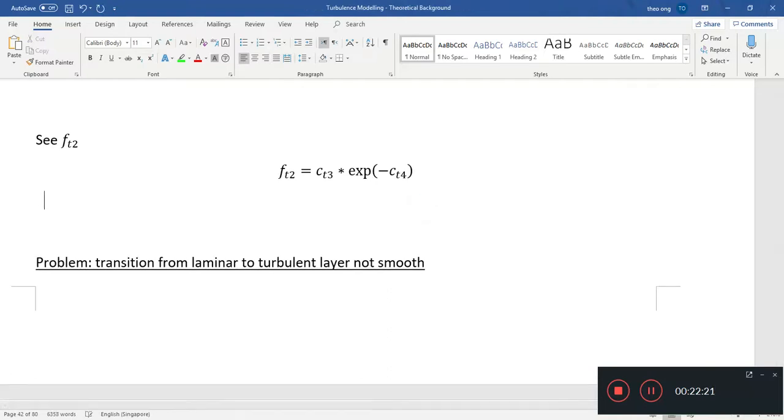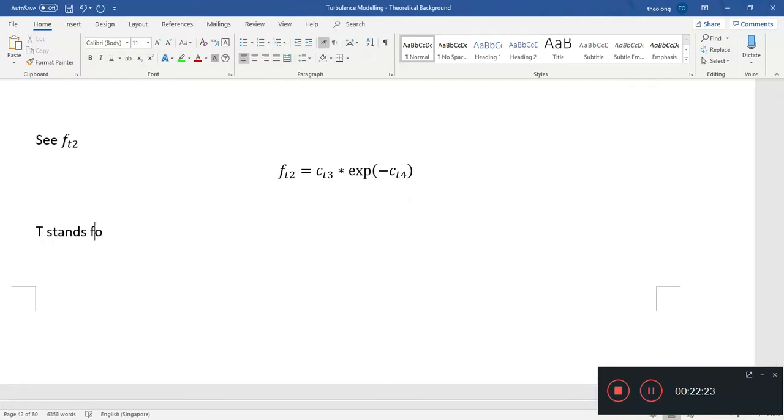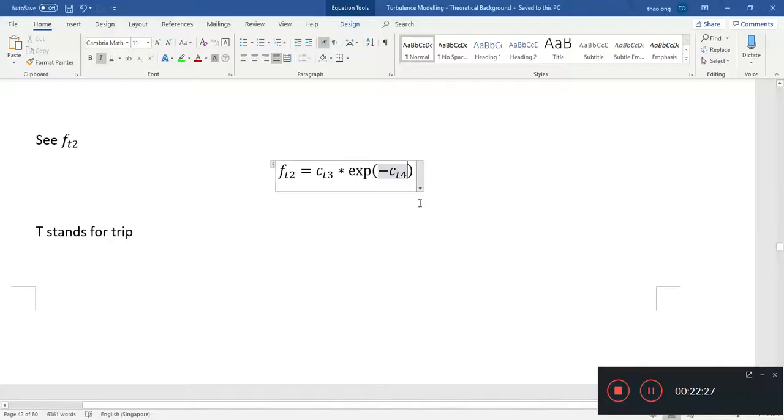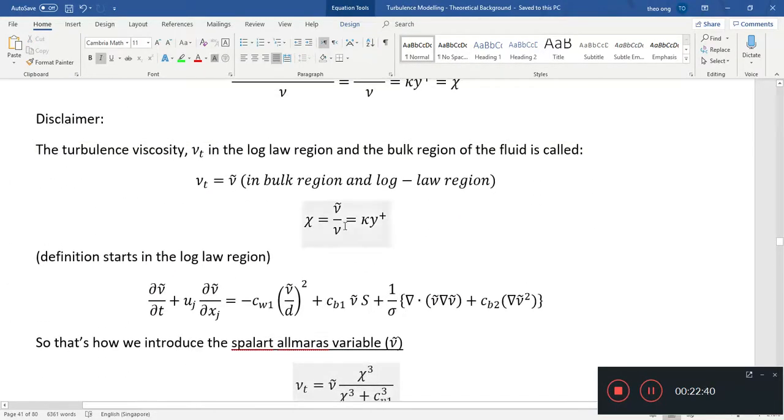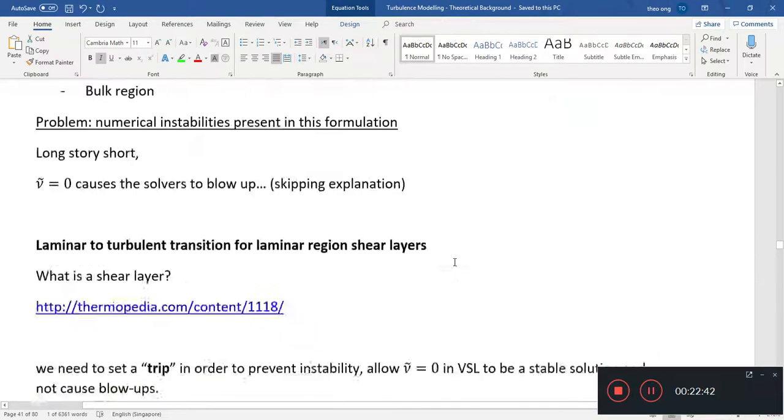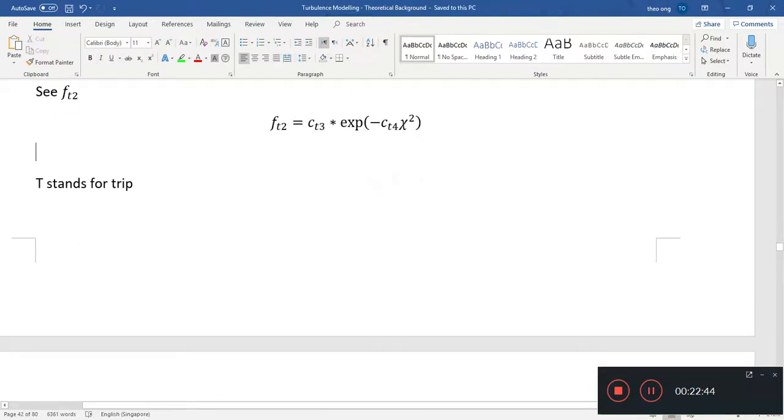T stands for trip. This ensures that it gives the proper wall behavior, because chi squared has to do with the wall function. So remember chi looks like this.